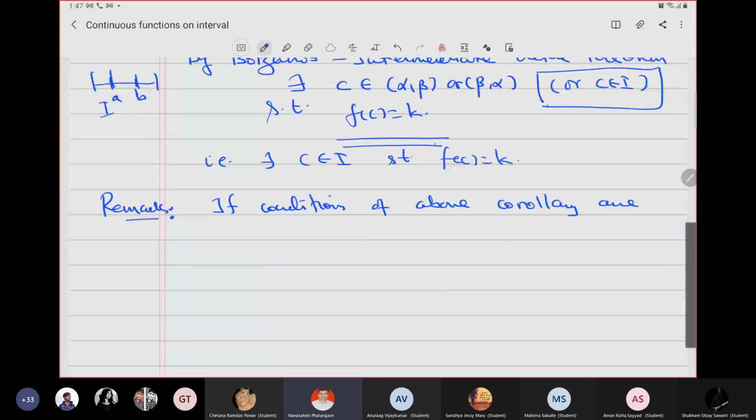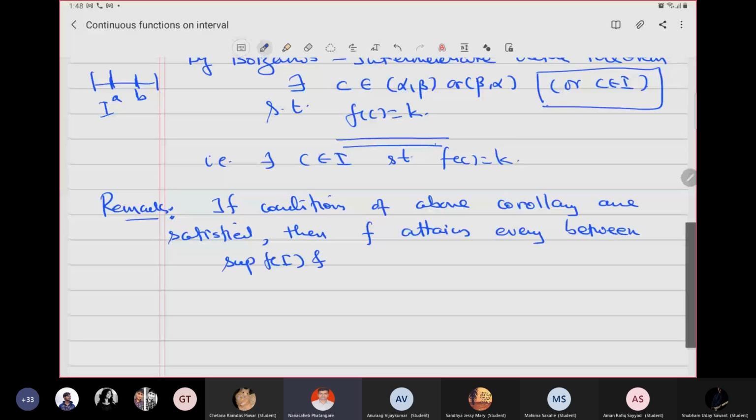If all the above conditions are satisfied, then f attains every value between the supremum of f(I) and the infimum of f(I). So this sentence is very important.